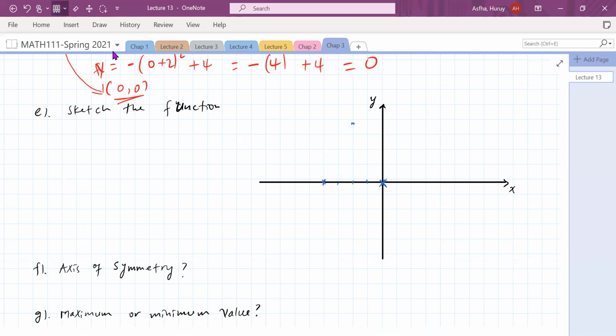Therefore, I can just connect these points and I can have the sketch of the graph. Because I know it opens downwards, and it's a parabola, so basically the graph of the quadratic function is more or less like this.